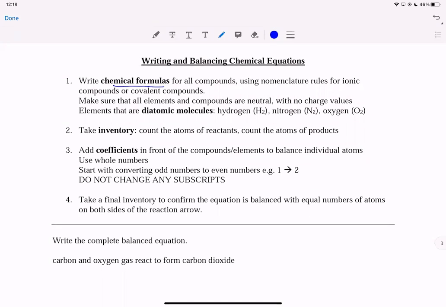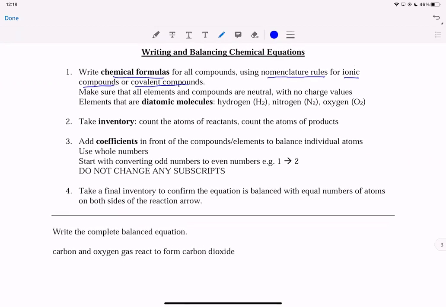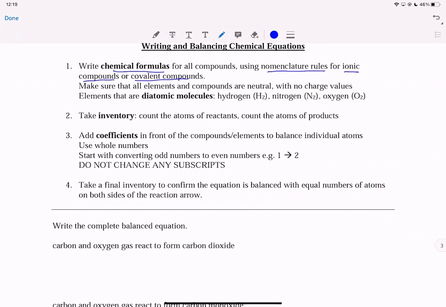So you're writing chemical formulas for those compounds, and those are all those nomenclature rules we've gone over in the last 2 lectures. They're mostly going to be ionic compounds, but these on this example are mostly covalent compounds. So you want to make sure that you are paying attention to anything that might be a diatomic molecule that are not compounds, like hydrogen is H2 and nitrogen is N2 and oxygen is O2.